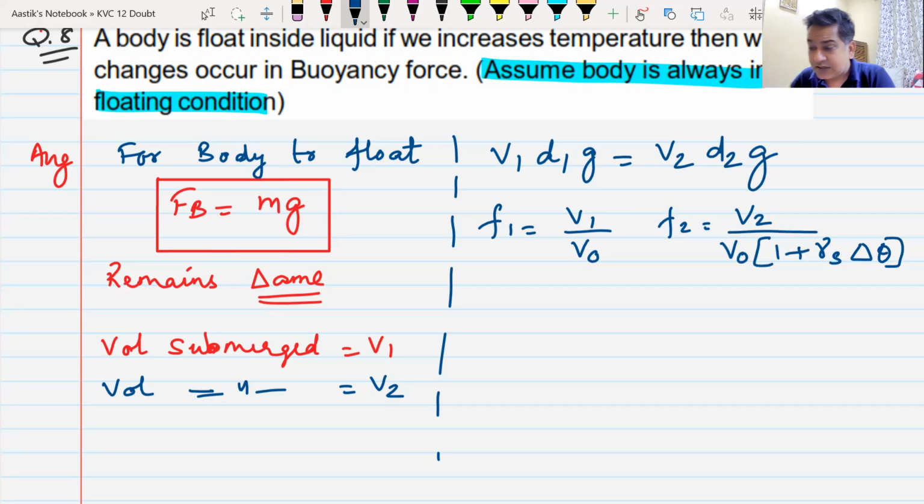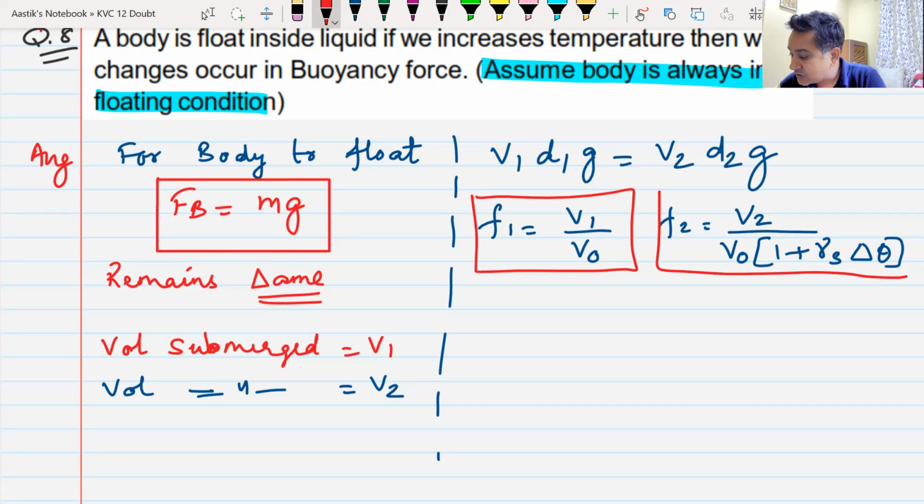Do we understand? Now, it might look very typical, but if you understand it point by point, it becomes very simple. So basically, this is the fraction which was immersed before, and this is the fraction which is immersed afterwards.